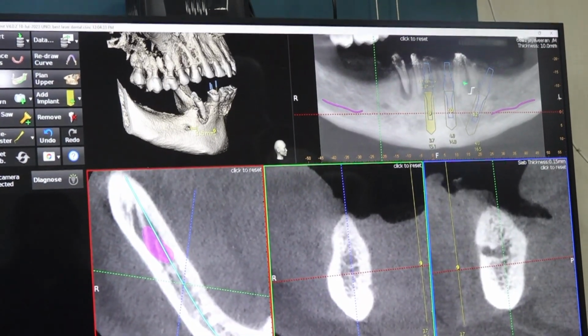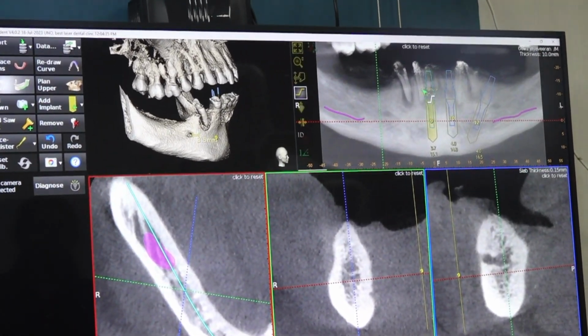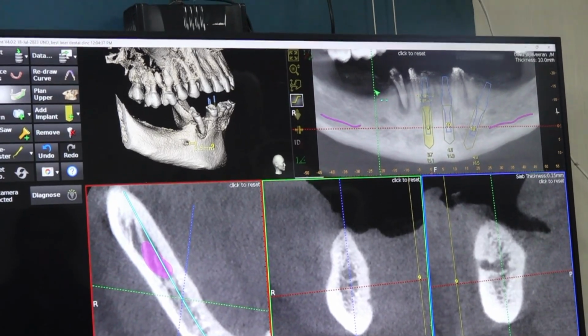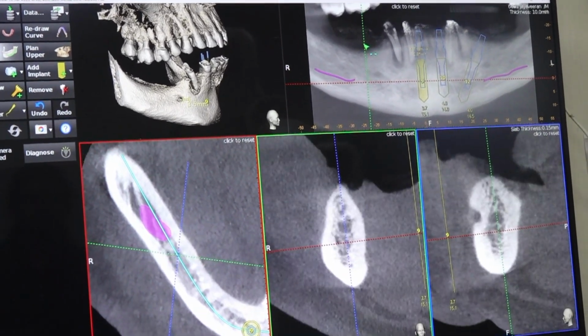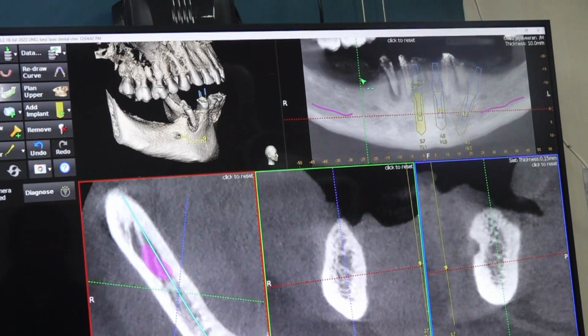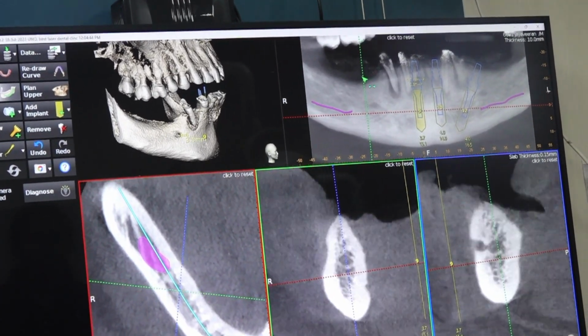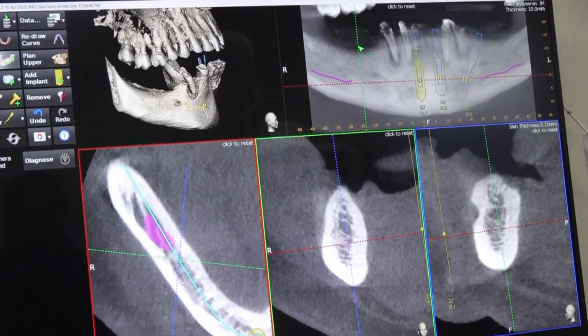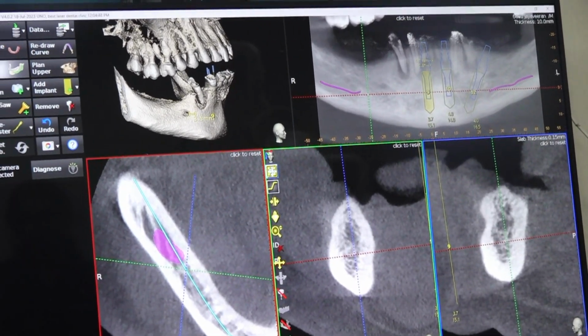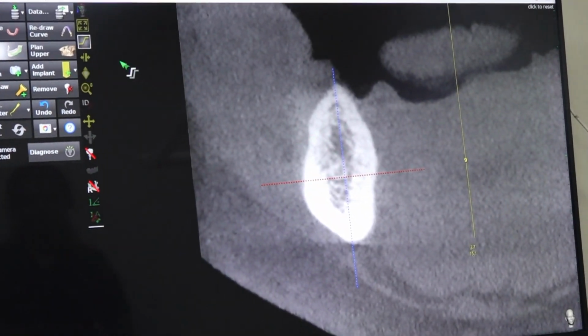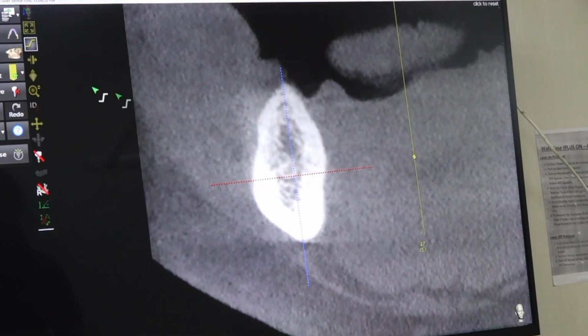No, mallet is not working. Mallet won't work. Up to 3 mm we can do. Beyond that, it goes very much into the lingual side and the thickness is increasing more.